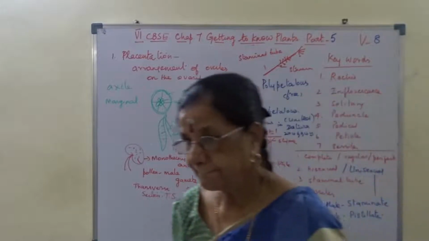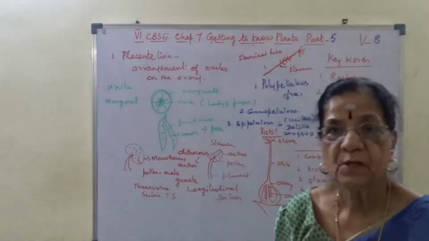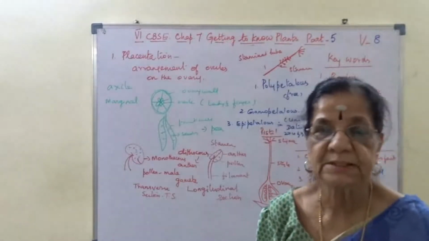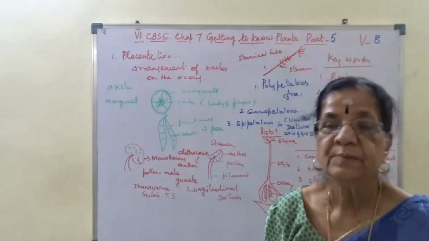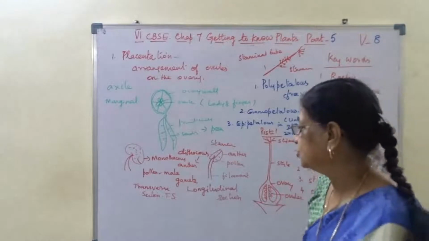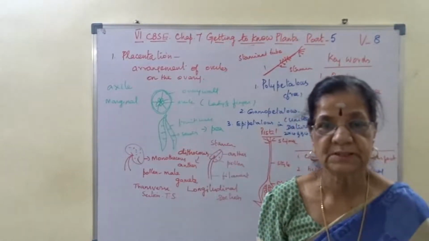So we say number of sepals in a calyx, number of petals in corolla, number of stamens in androecium and gynoecium. And when you take transverse section, we find the number of chambers.